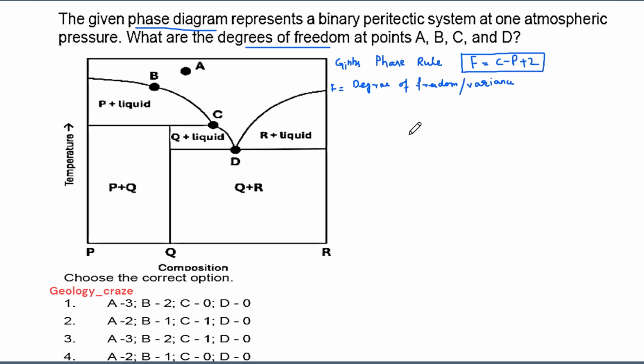Now the other thing is C. I will explain all those things. What does this C represent? This C represents the component: how many components are involved in the system. And this P represents phase.